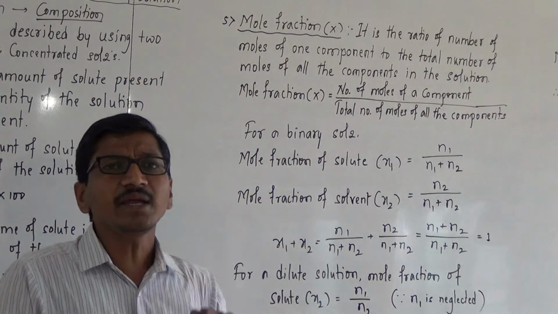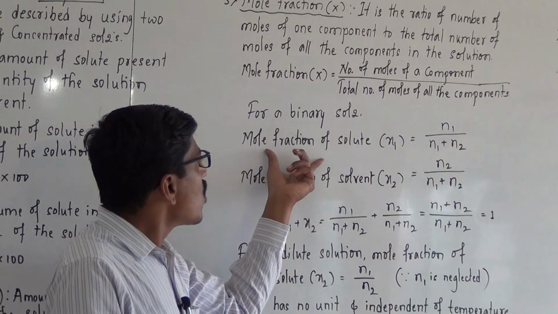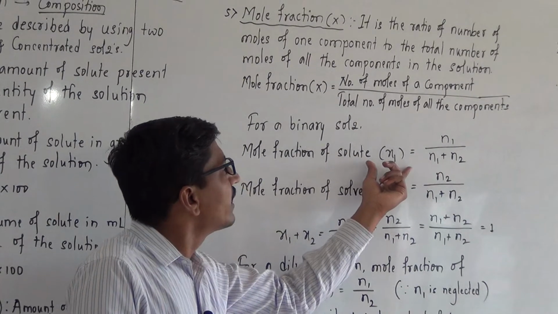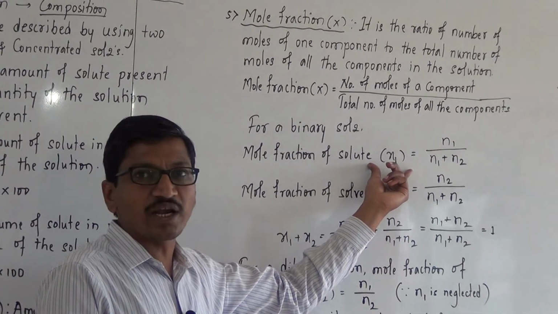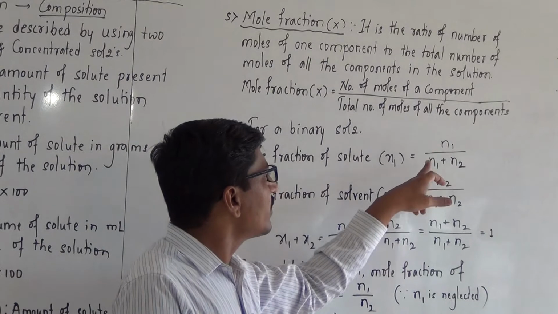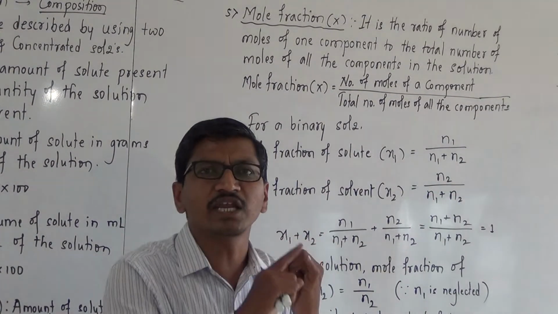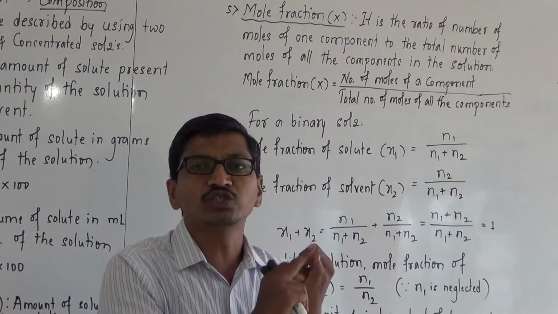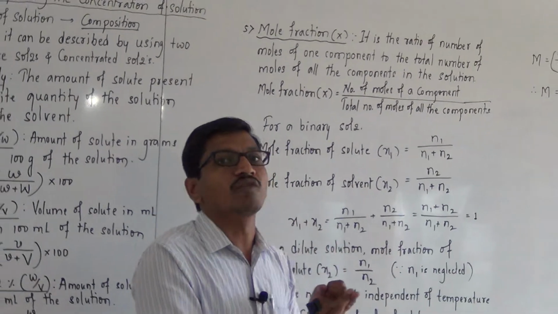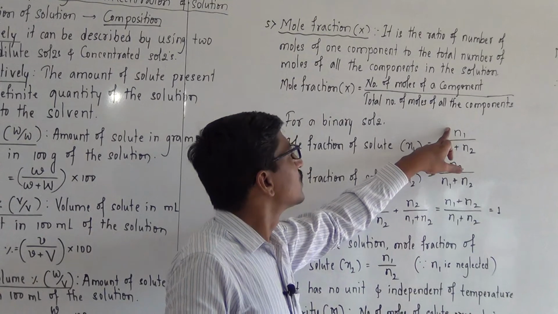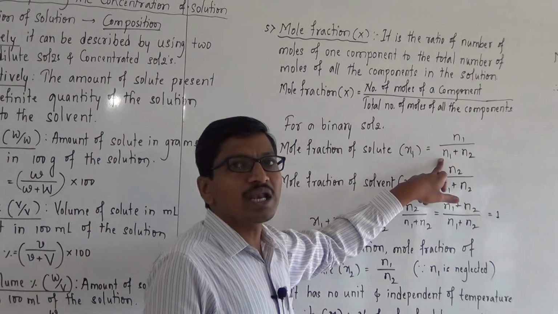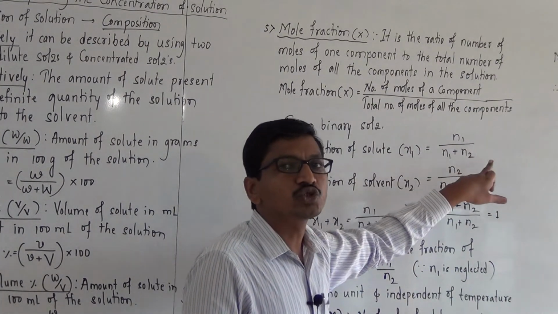For a binary solution, the mole fraction of solute, represented as X1, is equal to N1 divided by N1 plus N2. A binary solution means one containing only two components, one is solute and the other is solvent. It is the number of moles of solute divided by the total number of moles of solute and solvent.